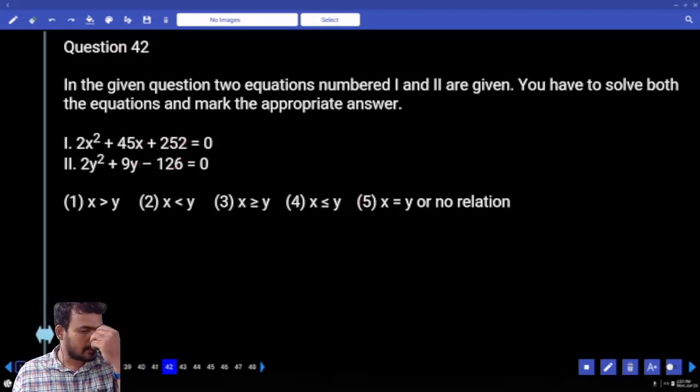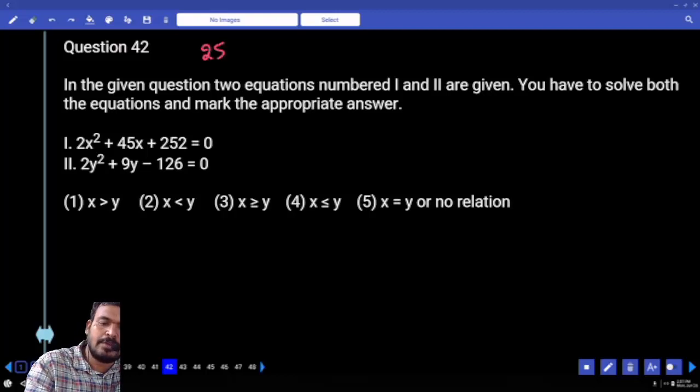2x square plus 45x plus 252 equal to 0. Okay. 252, that is half of the 120. What is the half of the 252? 126, or 252, it is 21 multiple. 21 1, the remaining 24. 252 is divided by 21.